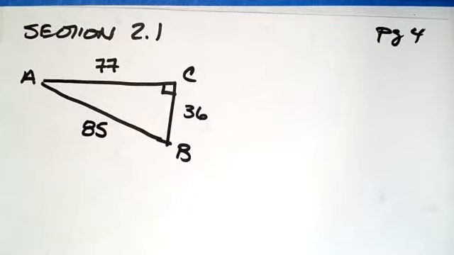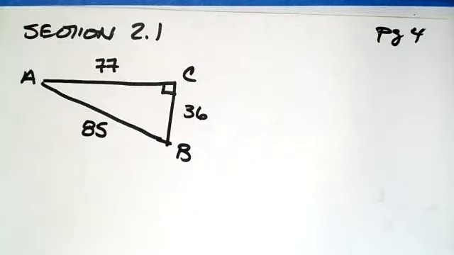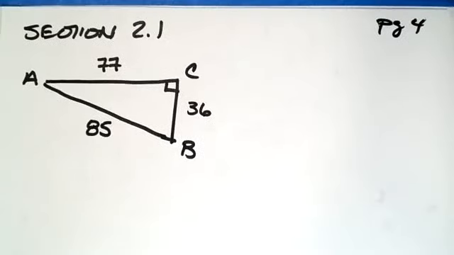Now, it turns out that the Pythagorean theorem, the converse is true too. So if a triangle is right, then the sum of the squares of the legs is equal to the square of the hypotenuse. In mathematical logic, if A is true, then B is true, does not necessarily mean that if B is true, then A is true. That's what's called the converse in logic.